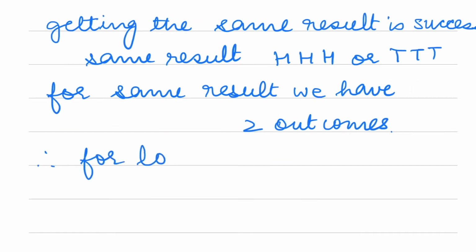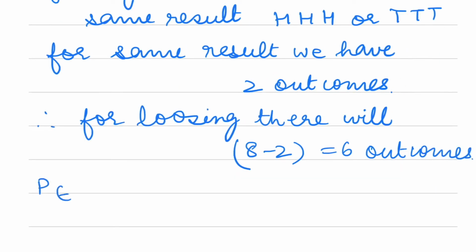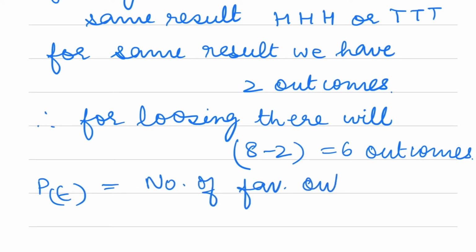For losing, there will be 8 minus 2 is equal to 6 outcomes. Probability of an event is number of favorable outcomes divided by total number of outcomes.